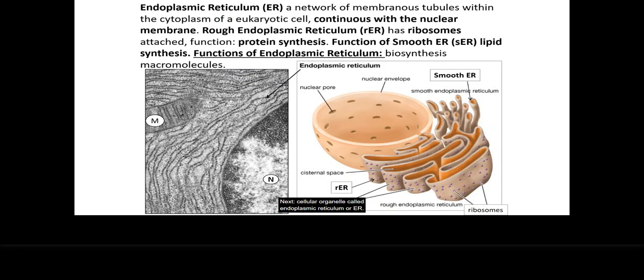Next, a cellular organelle called the endoplasmic reticulum, or ER. If we look first at the diagram on the right, we can see the nuclear envelope, with pores.